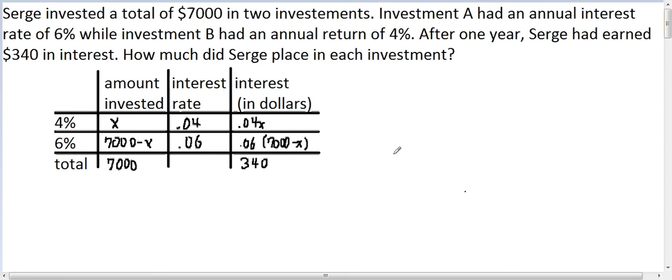So let's use the information in the last column to write the equation that we're going to solve for X. So we're going to add 0.04X and 0.06 multiplied by 7,000 minus X, and this is equal to 340.